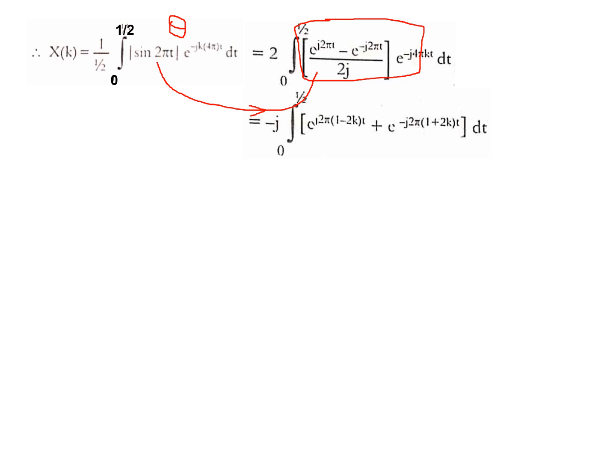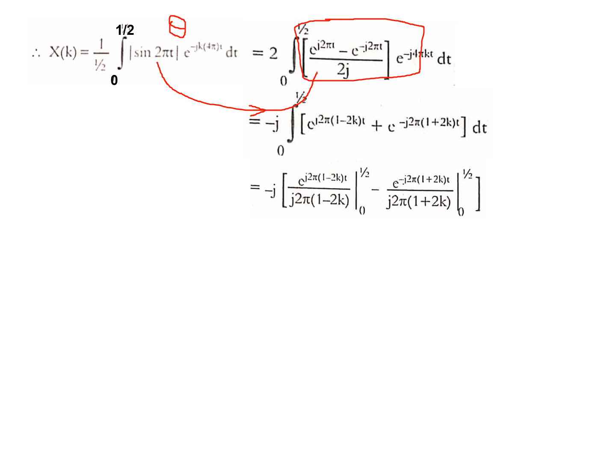So here j is taken out, and it is simplified. Integration takes place here. Here a minus j comes. Why does this minus j come?